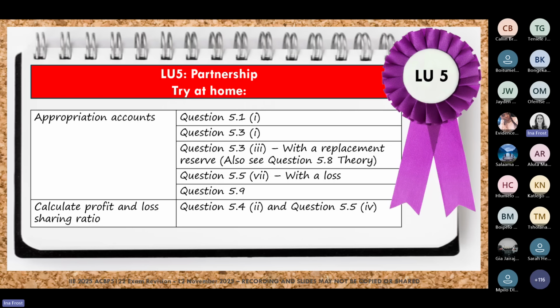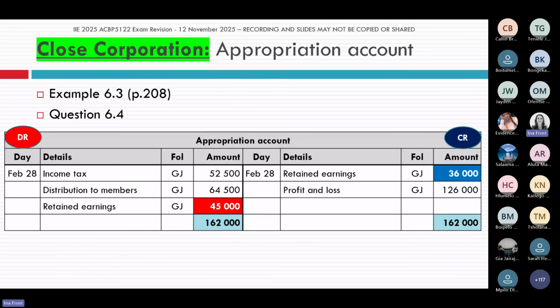Now, we said a closed corporation also has an appropriation account. And for the closed corporation, the appropriation account looks quite different. This is what the appropriation account is going to look like.